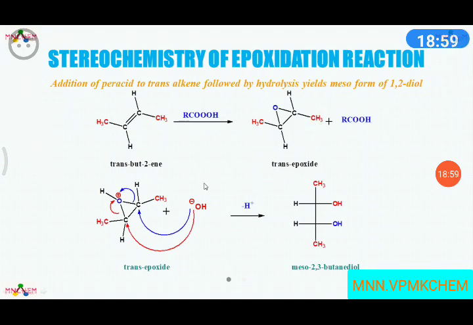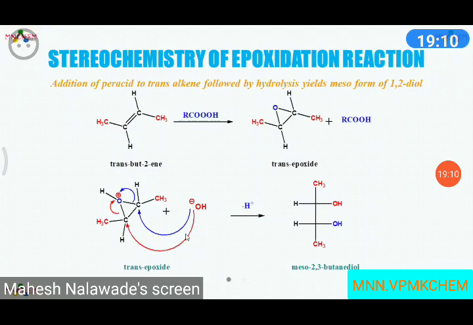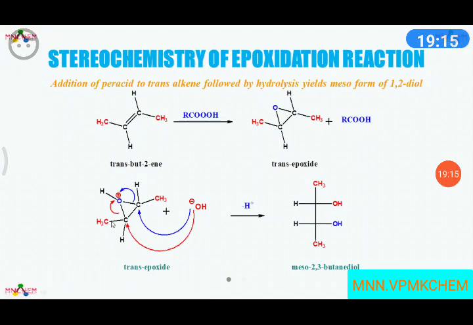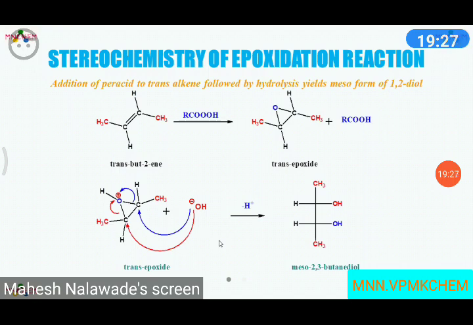This trans epoxide after acid hydrolysis gives the product, but there are two possibilities of addition of the hydroxyl group across this epoxide. There is only one face available, which is opposite to this epoxide ring, and the product formed is meso-2,3-butanediol. This is optically inactive because of the plane of symmetry present in the molecule.